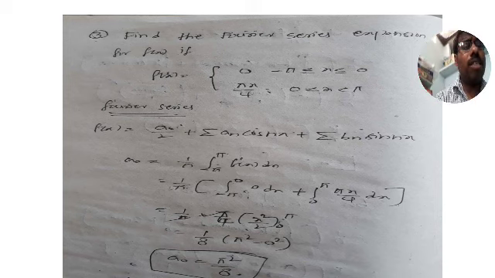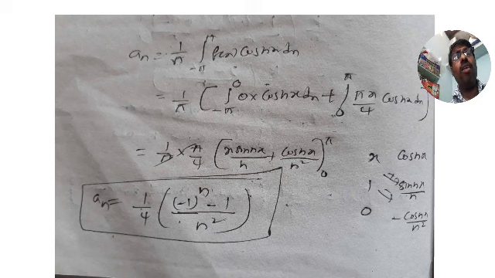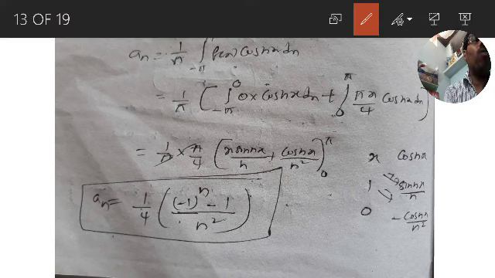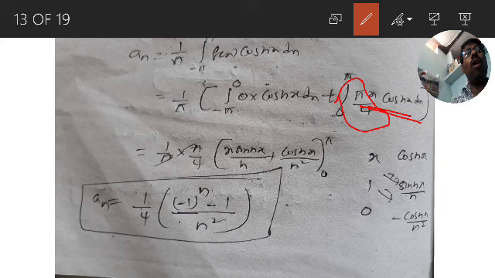A naught is pi square by 8 and an is 1 by 4 into minus 1 whole power of n minus 1 by n square. Okay, I will repeat the Bernoulli rule for you. You see what you are having: x into cos nx, with pi by 4 as a constant you can take outside, and the remaining is x into cos nx.